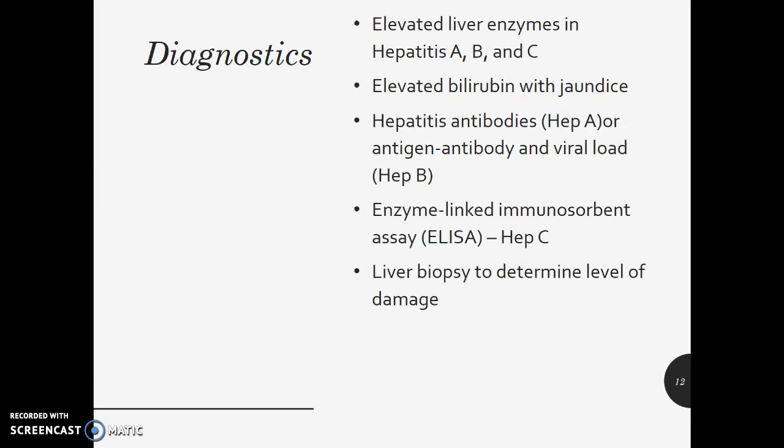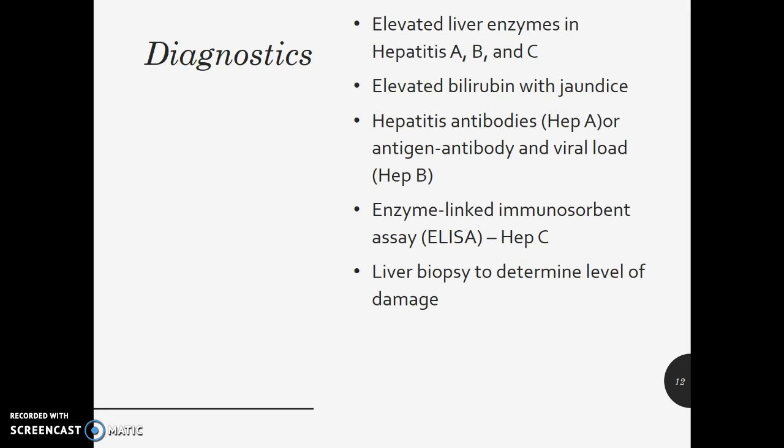Of course, with diagnostics, it goes without saying that with liver damage that's caused, particularly with hepatitis A, B, and C, you're going to see elevated liver enzymes. You may see elevated bilirubin levels with jaundice when it's present. For Hep A, you'll have hepatitis antibodies for A. If it is Hep B, you may see antigen antibody positive, and then a viral load that is determined on blood test.